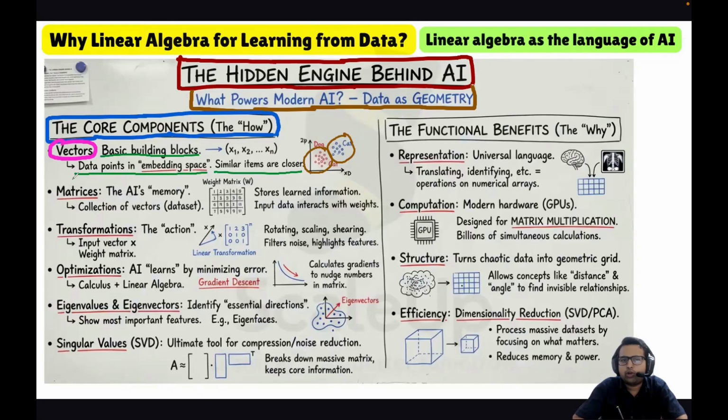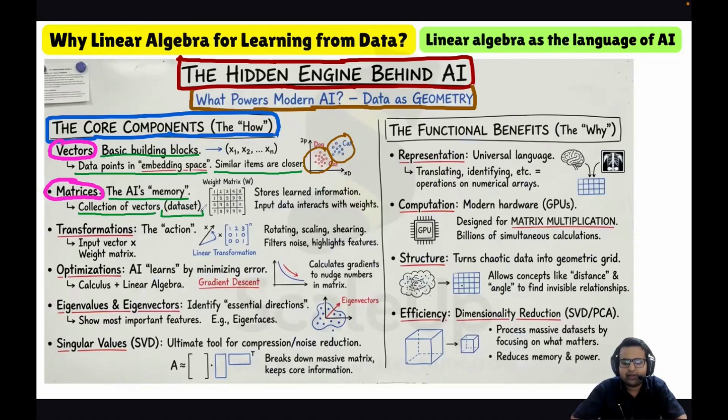So if we talk about the core components of linear algebra which powers the modern AI, matrices is one of the core components. You can think of matrices as the memory of the AI. A matrix is a collection of vectors, and since it's a collection of vectors, a matrix represents a data set.